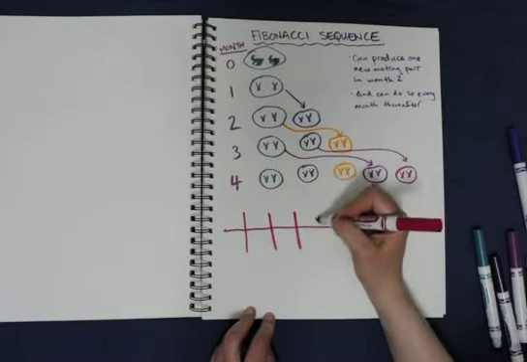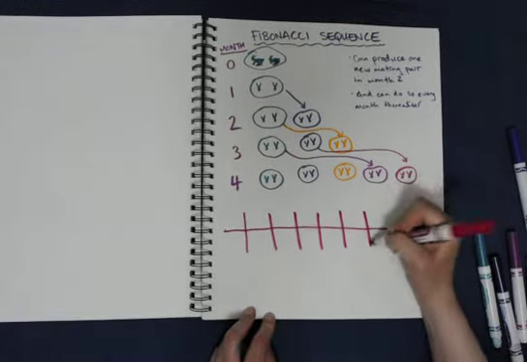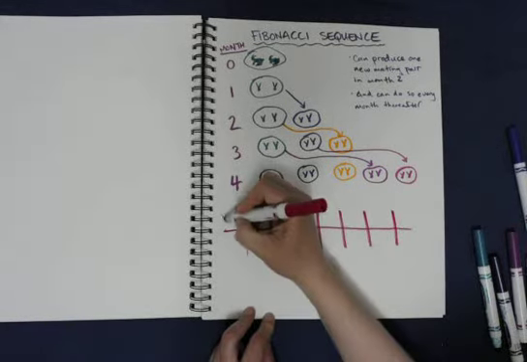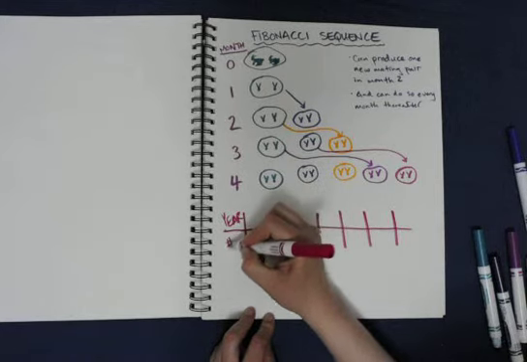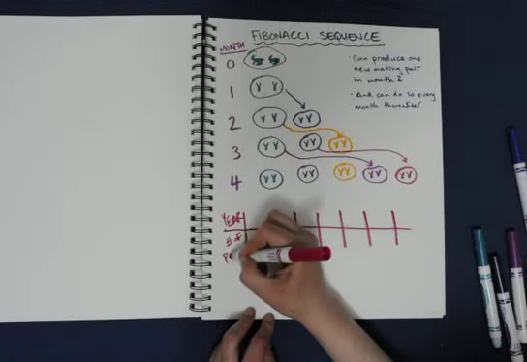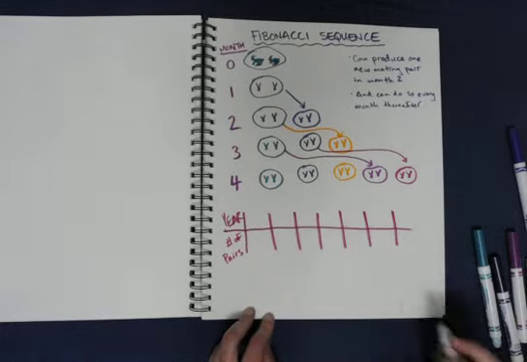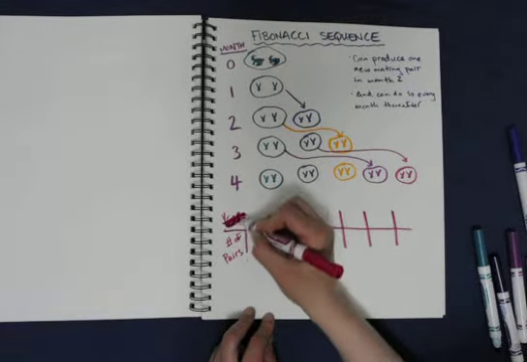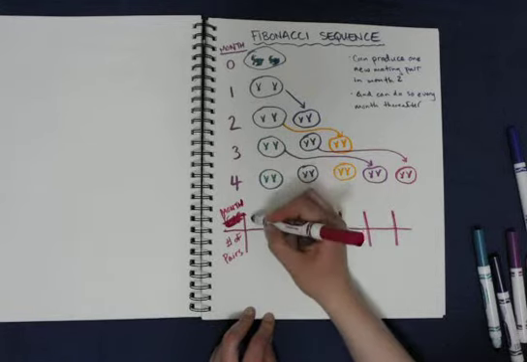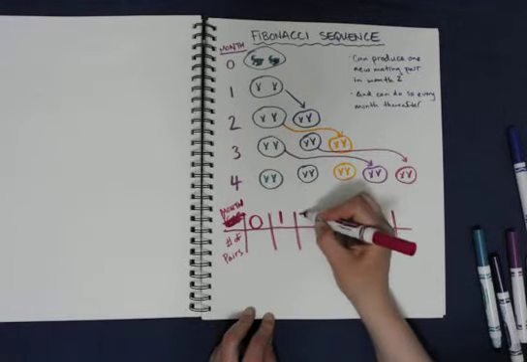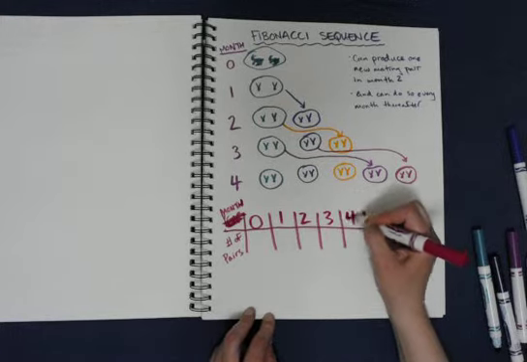Okay, 1, 2, 3, 4, 5, 6. Oh, pardon me, that's month. Okay, 1, 2, 3, 4.